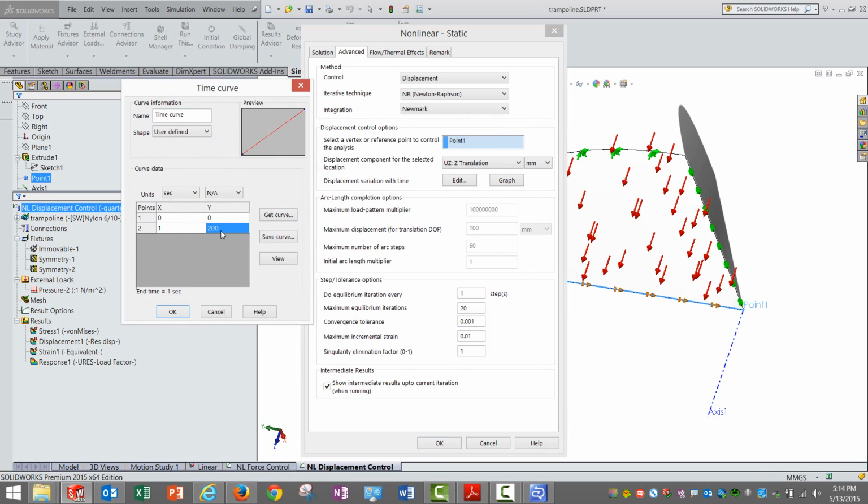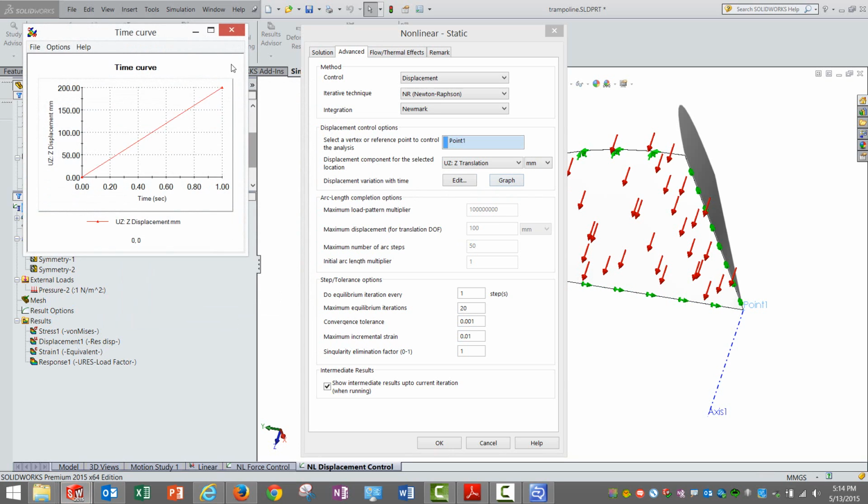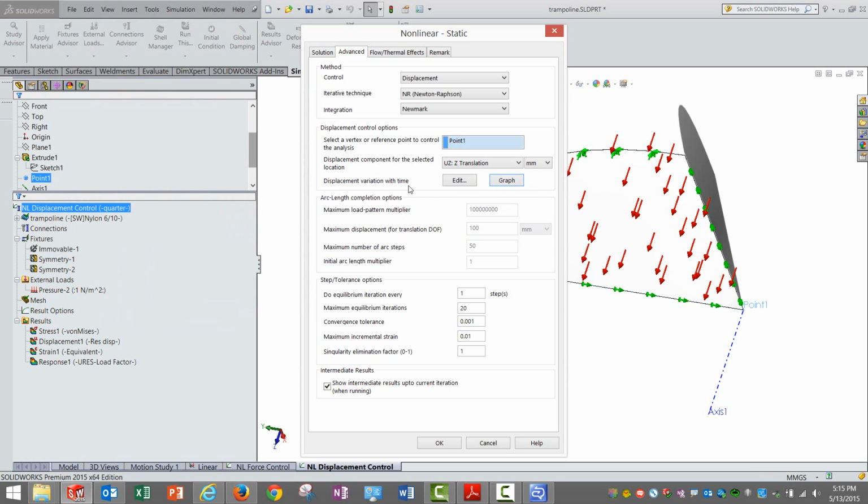We are looking at a max deflection of around 200 millimeters at a time instant of 1. Displacement variation with time, so the graph might look something like this. So we are controlling this displacement to see how much force is coming. It is exactly the reverse, or reverted, approach.